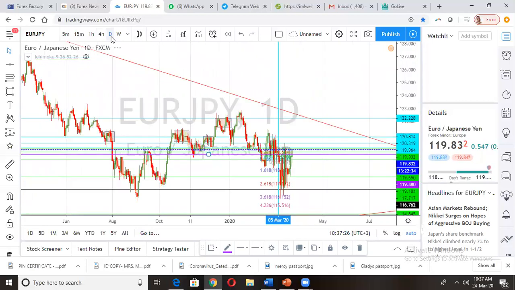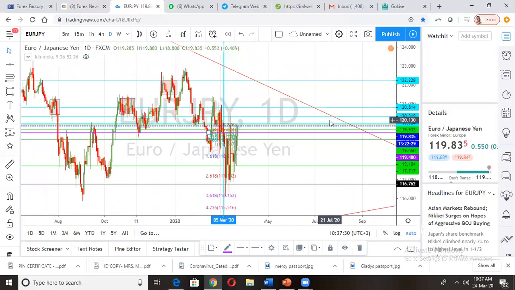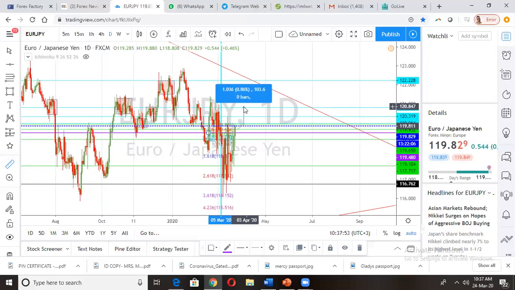But I will look at the day chart. Guys, I don't enter all trades just because. I weigh my options. Euro JPY is looking bullish to me. I'm looking at at least a 100 pip move.